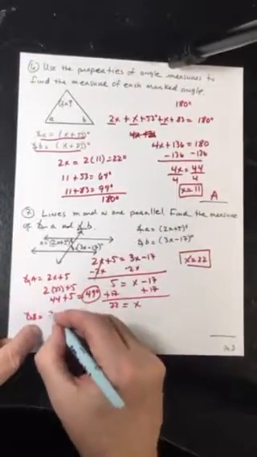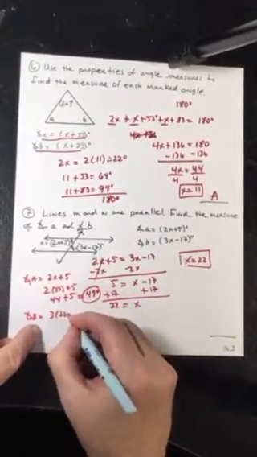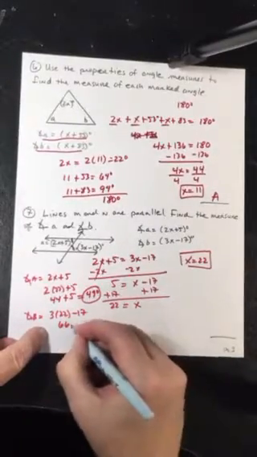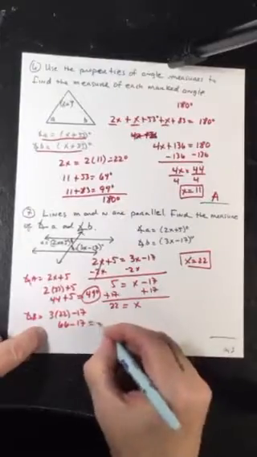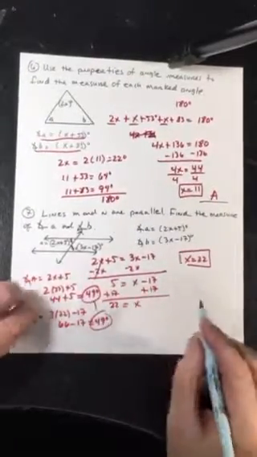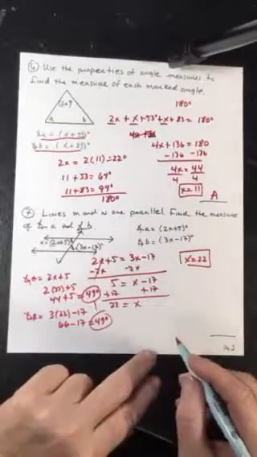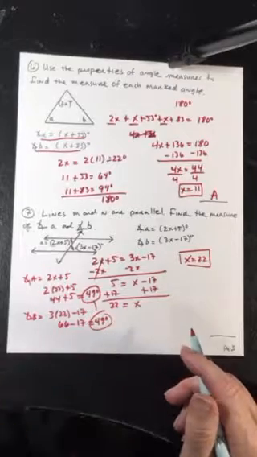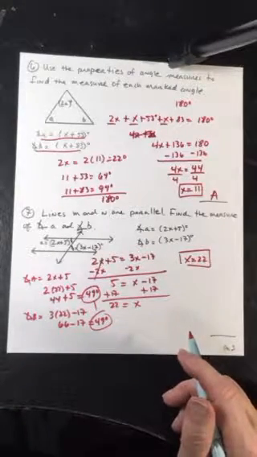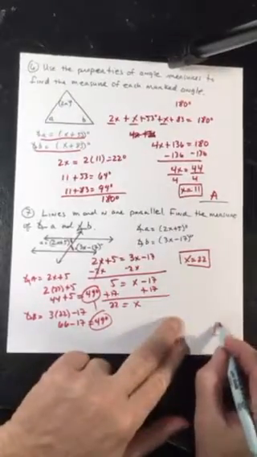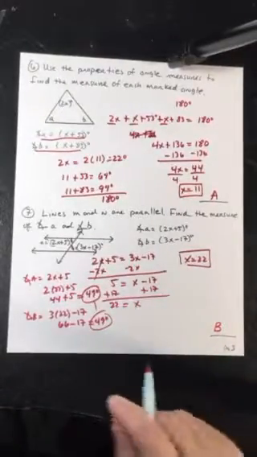Angle B is 3 times 22 minus 17. 3 times 22 is 66. 66 minus 17 is 49 degrees. Alternating interiors are equal angles, so I should get 49 degrees. So each angle is 49. And the solution for number 7 would be 49, which is B on your review test.